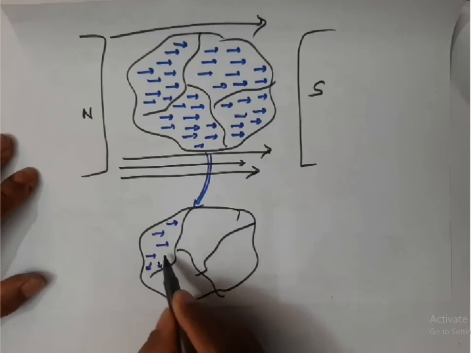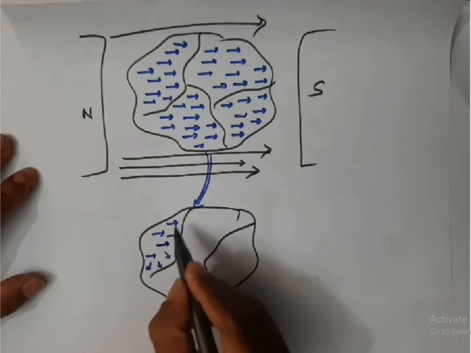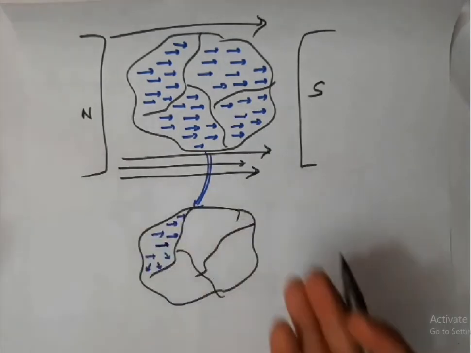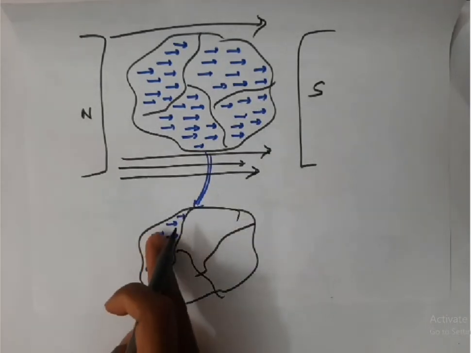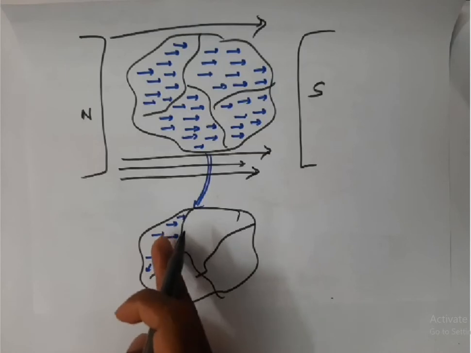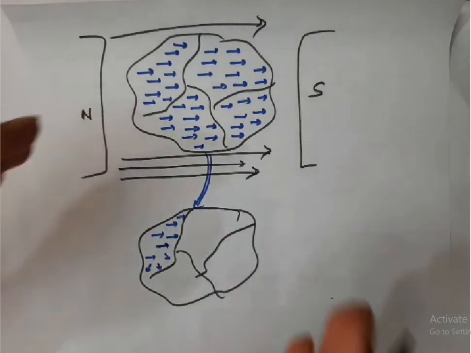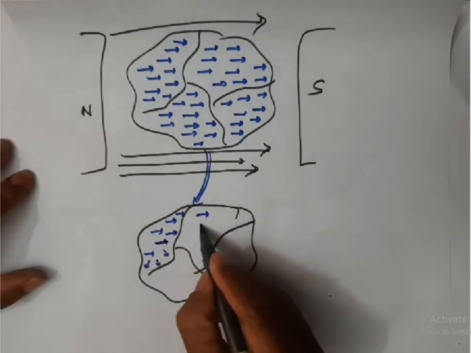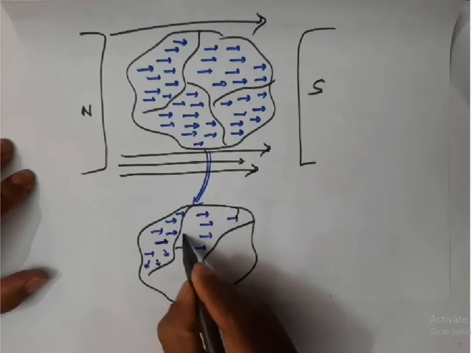Some magnetic moments start to become random, but most magnetic moments will still remain in the same direction.